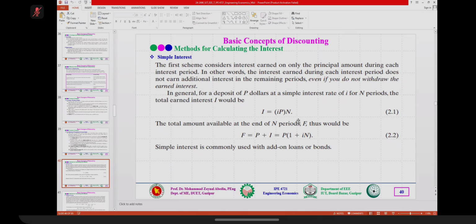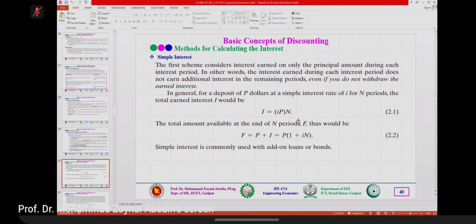So small i is the interest rate, P is the initial investment, and the total earned interest is calculated by applying capital N. So this is the total interest money. Now we have to add this total interest to the principal, and this will be the future value.